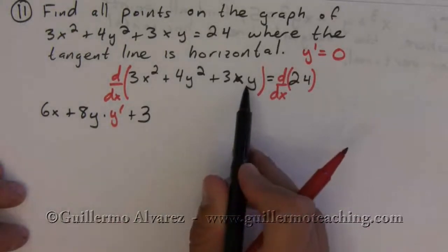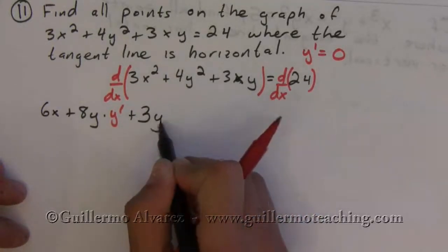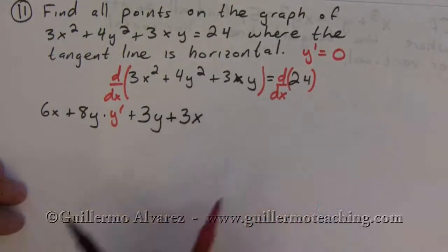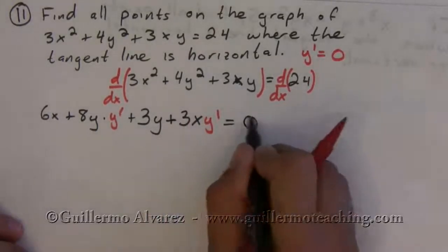Here we have to use the product rule, so it would be the derivative of the first, which is 1, times the second, plus the first, leaving it alone, times the derivative of the second, which is y prime. And this is equal to 0.